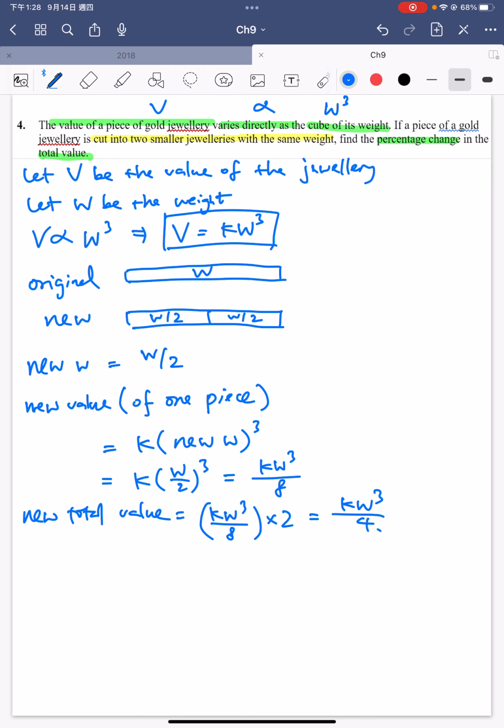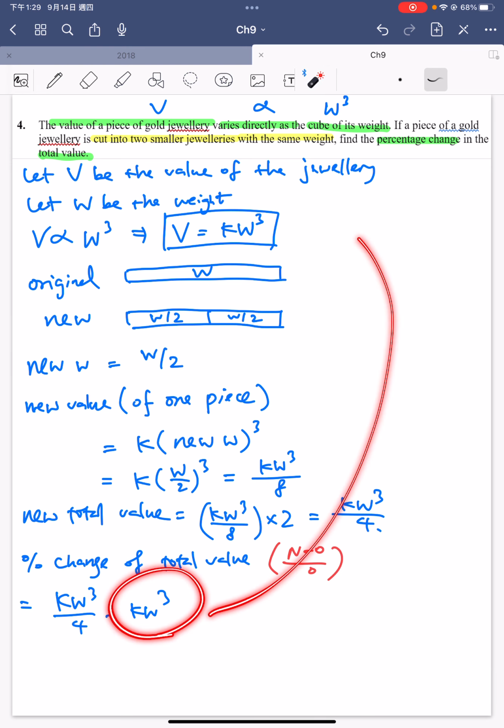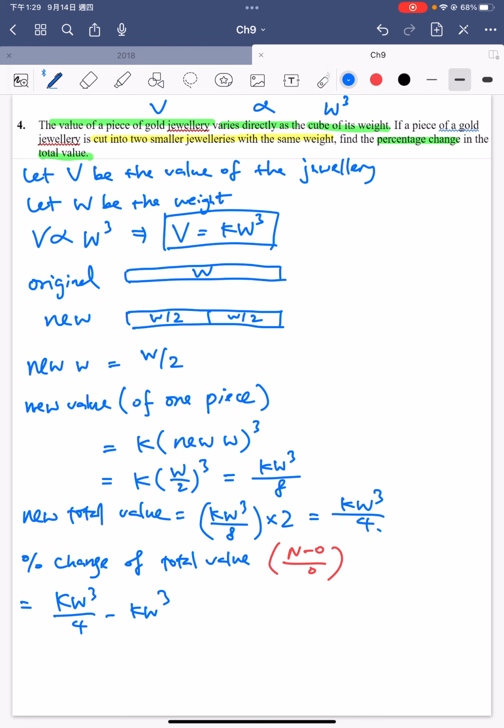Then we can use the percentage change of the total value, which is given by the formula new minus old divided by old. So we have KW cubed divided by 4 minus KW cubed, which is our old total value, and then divided by our old value, which is KW cubed, times 100%.